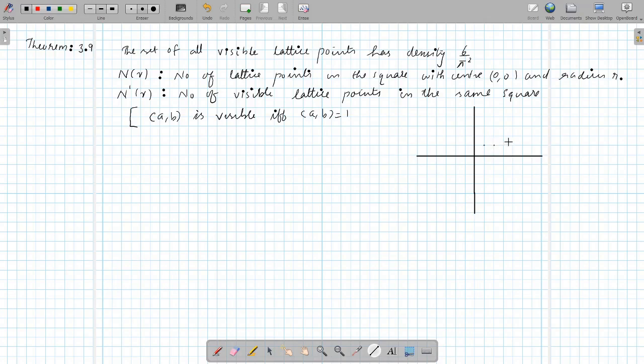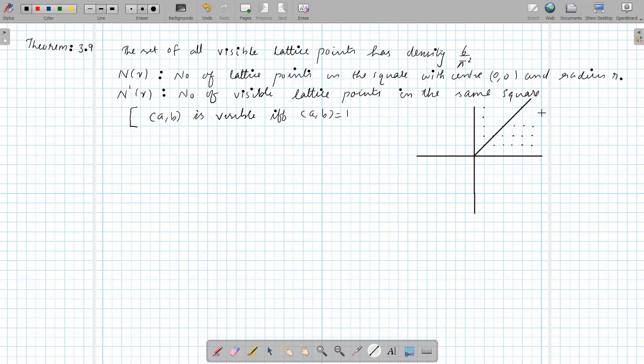This is (1, 1), this is (2, 1), (3, 1), (4, 1), (5, 1), etc. This is (1, 2), (1, 3), (1, 4), (1, 5), etc. Then you have (2, 2) here, (3, 3) here, (4, 4), (5, 5) here. Then you consider another line through all these points.